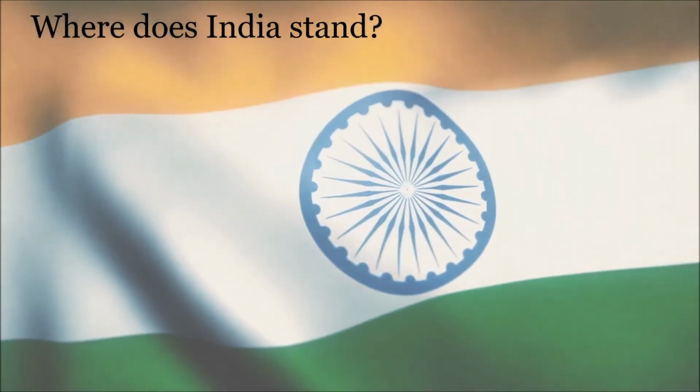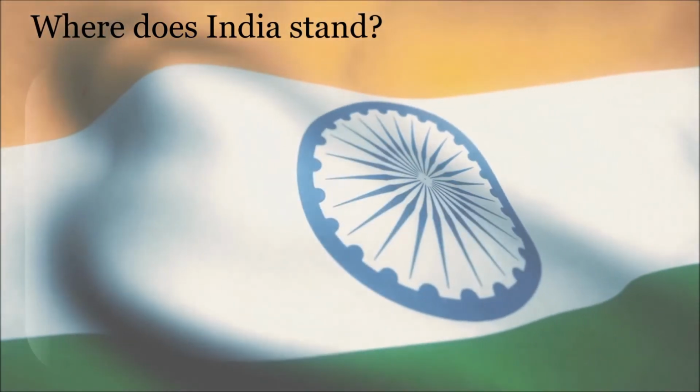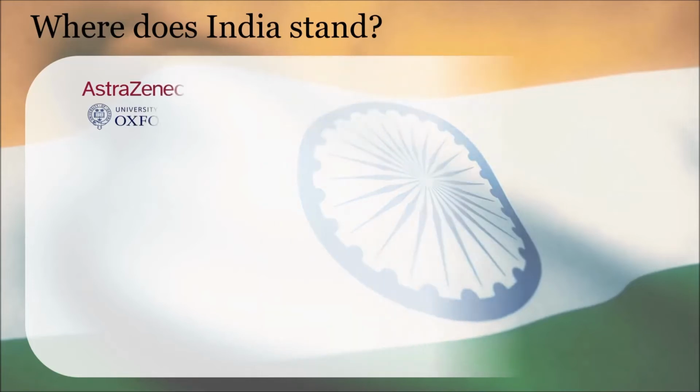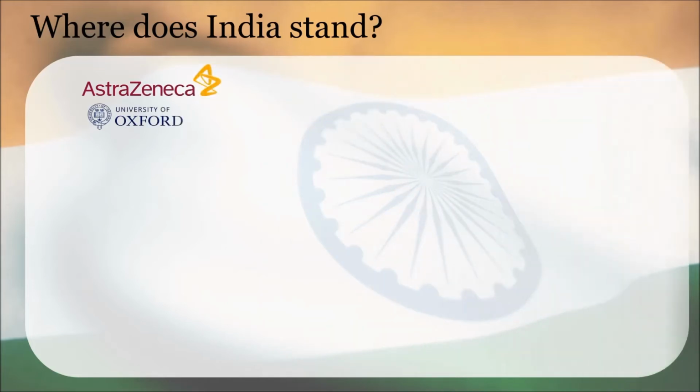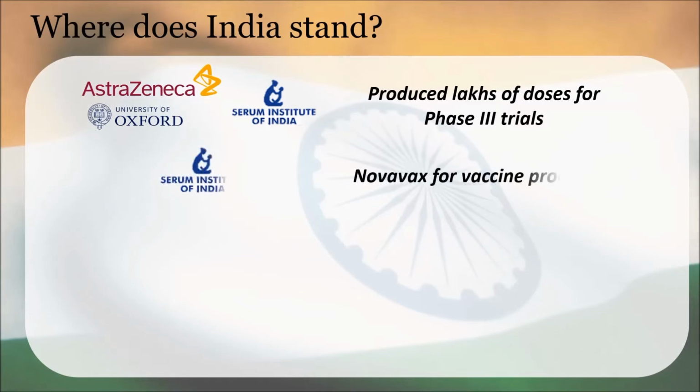So where does India stand on the COVID-19 vaccine front? AstraZeneca and the University of Oxford have collaborated with Serum Institute of India for their phase 3 trials. Serum Institute has already produced lakhs of doses for use in the ongoing clinical trials. Serum Institute has also collaborated with Novavax for vaccine production once approved by the regulatory authorities.